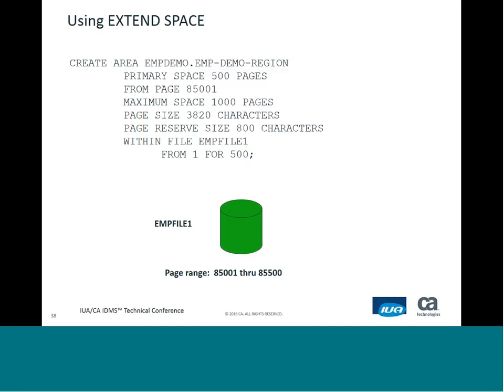You can just alter the area's definition and change the maximum space to indicate a larger number of pages. So we're mapping that entire area into a file called EMP-file1. This is a 500-page area, and we said map it from block 1 through 500. So that's going to use page range 85,001 through 85,500.